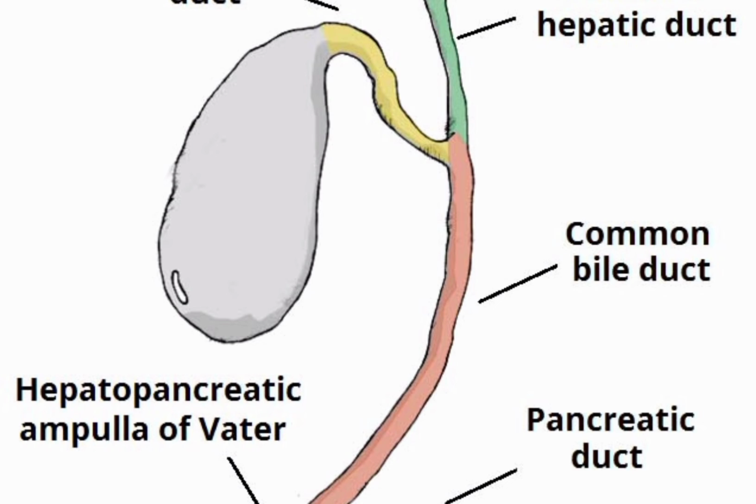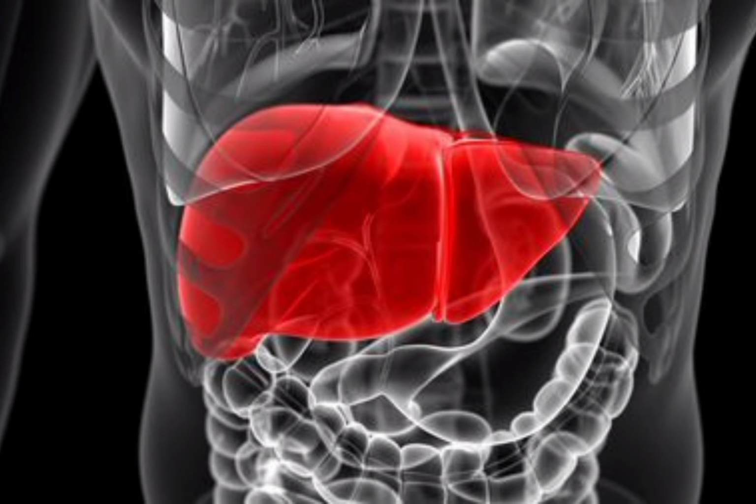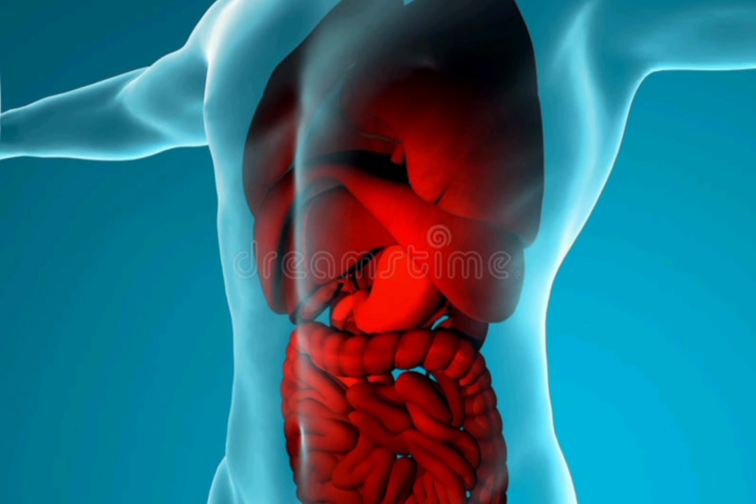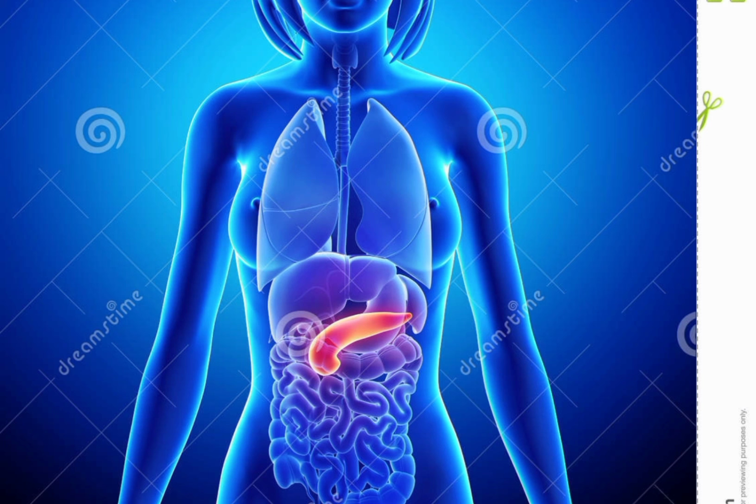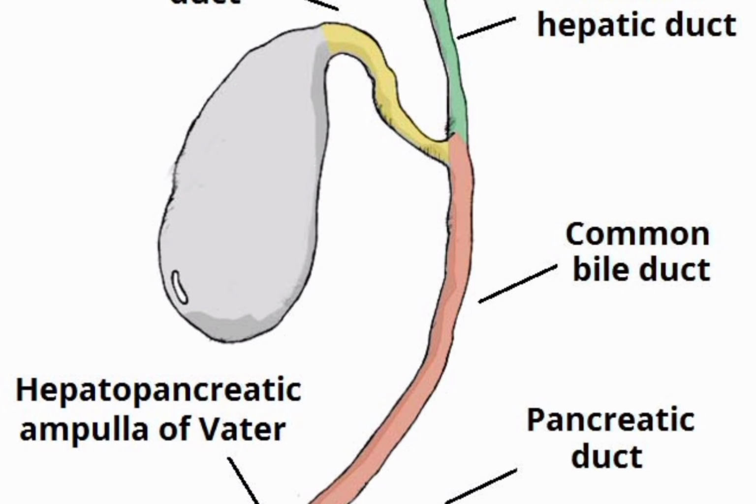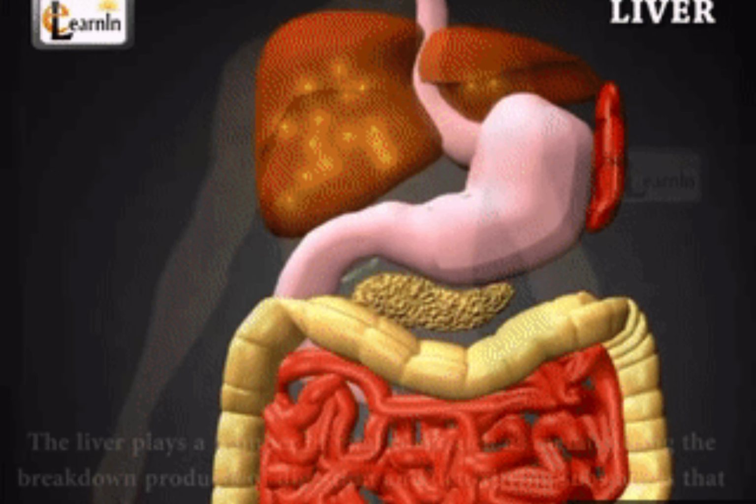Okay, now I will talk about the hepatic biliary apparatus system. Okay, so what is the biliary apparatus of liver? In the biliary apparatus of liver, there are the intrahepatic biliary system and the extrahepatic biliary system.